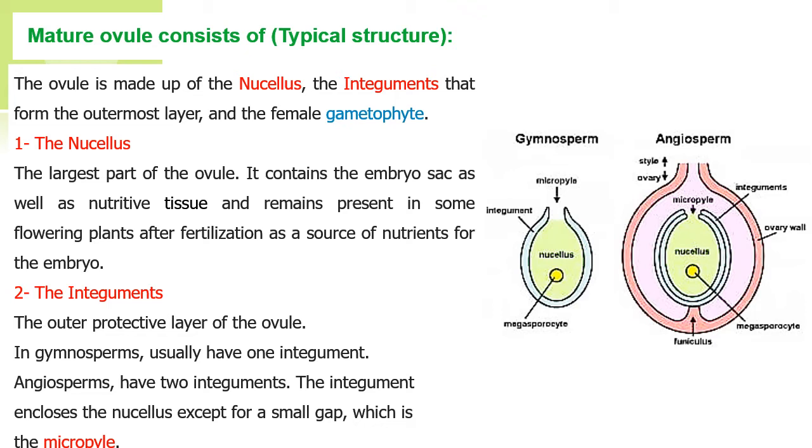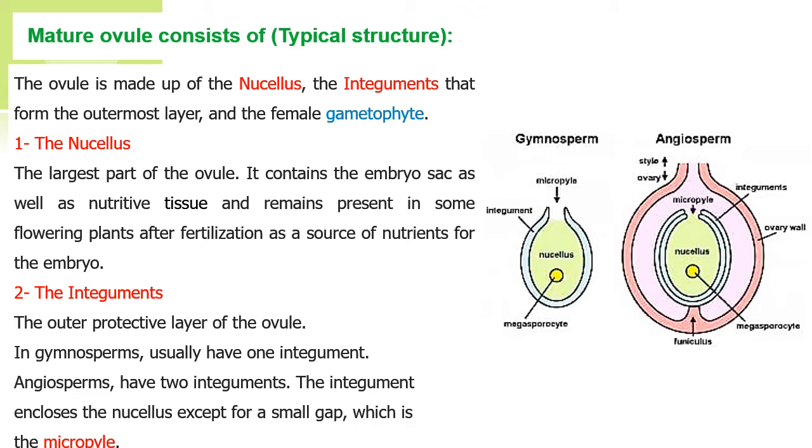The integuments are the ovule coat or protective layer. Usually we have one integument in gymnosperms, as in the diagram: one coat, one protective layer surrounding the nucellus, which afterwards forms the embryo.